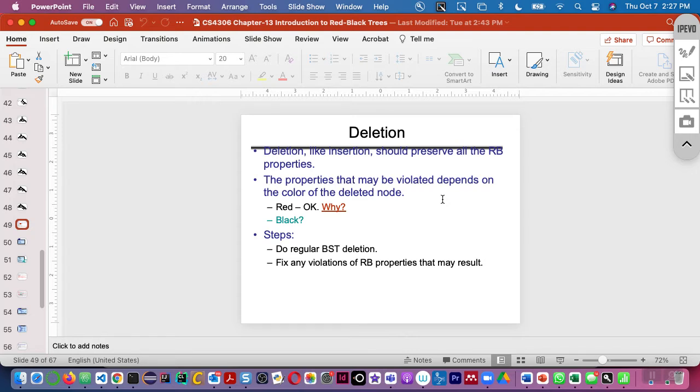We maintain two rules: no parent-child adjacent red nodes, and the number of black nodes on all paths is the same. If you maintain those, then it's fine. And the root is always black, we know that.